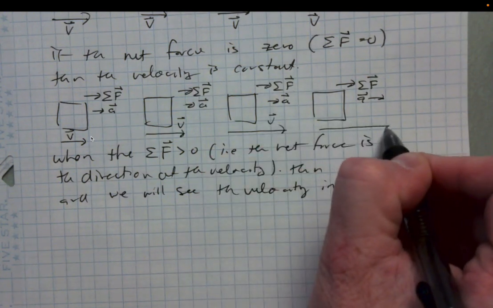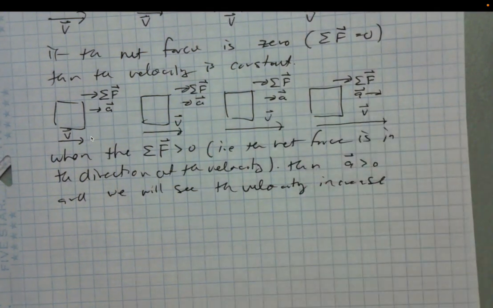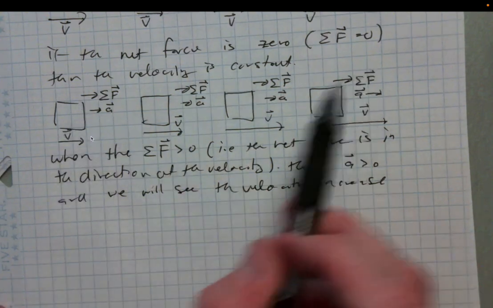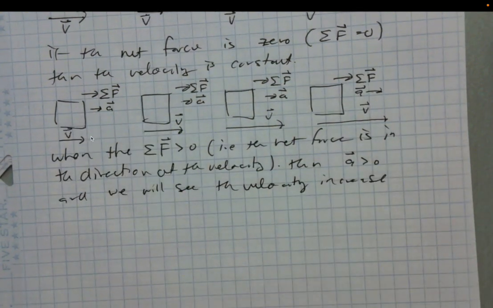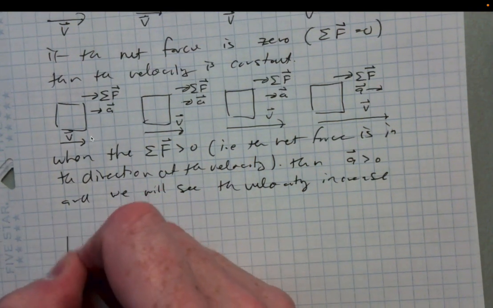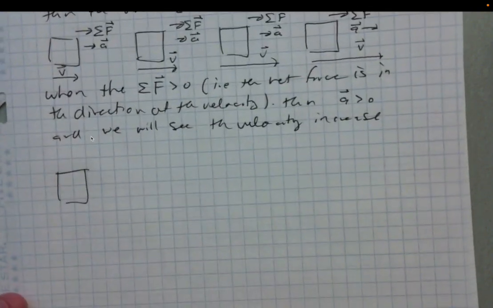That's what happens when we have a non-zero net force. So the force is to the right, creating an acceleration to the right, which obviously is going to increase the velocity of the object.